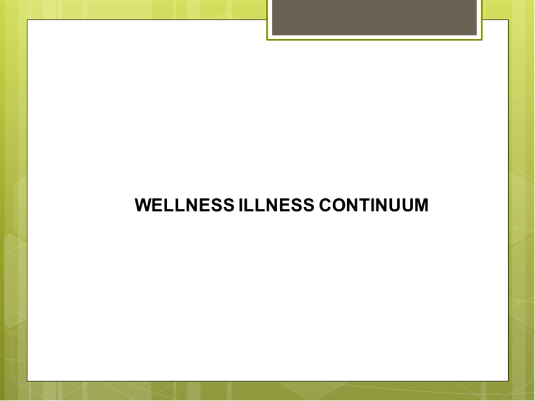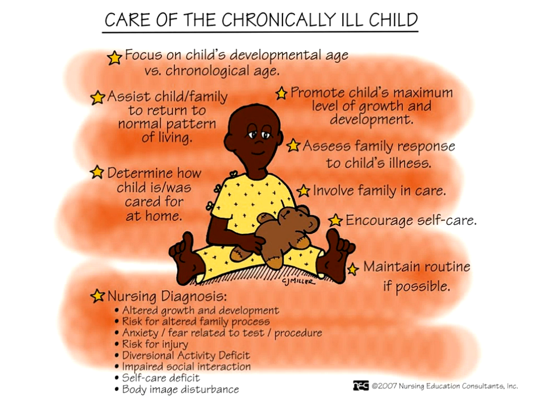So no two children are exactly alike who have asthma, who have diabetes. Each of their conditions will be slightly different, and we need to remember that it's not just a cookie-cutter type of approach to our nursing care.